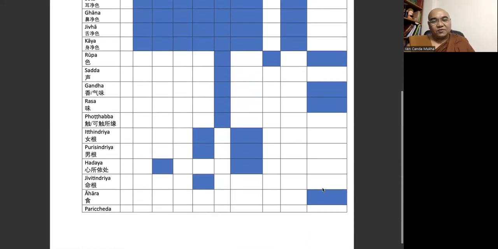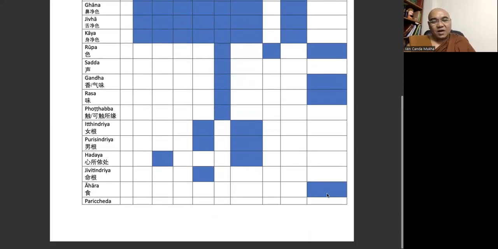And also here, Ahara, nutriment. Whatever leaves you bite and chew, then we get some nutriment. Some things provide a very good positive nutriment, and some a negative nutriment. Whatever it may be, they provide a nutriment.